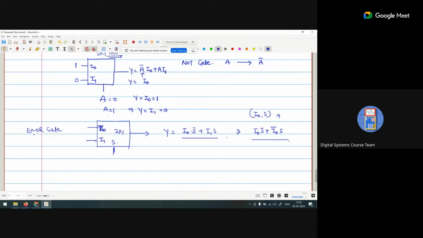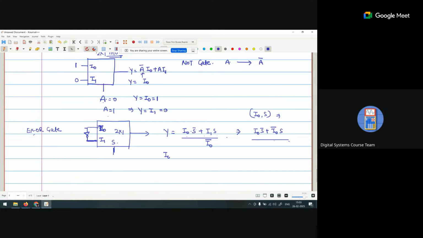So when I compare these two equations, I can say that if I select I1 as I naught bar, we require one NOT gate. So what is my equation?